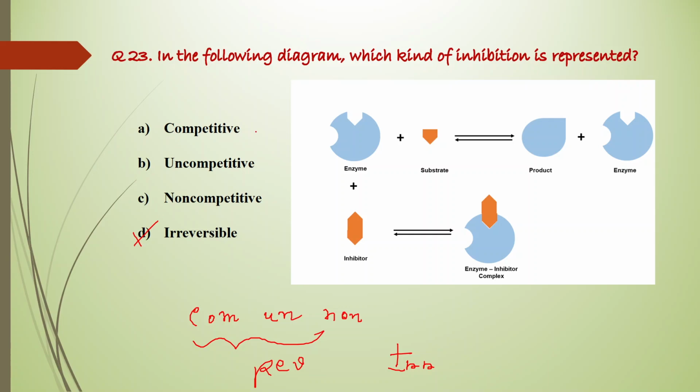So the only options we are left with are the first three: competitive, uncompetitive, non-competitive. To answer this particular question, you need a correct understanding of what difference there is between these three different types. What is the basic difference? Now coming to the first one, competitive. From the very name it suggests that the substrate and inhibitor are the two things that are going to sit on the catalytic site of the enzyme.